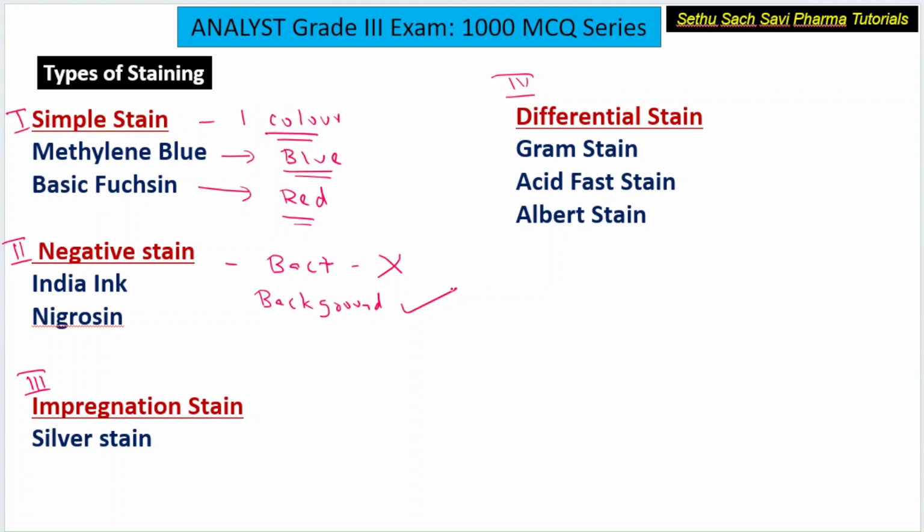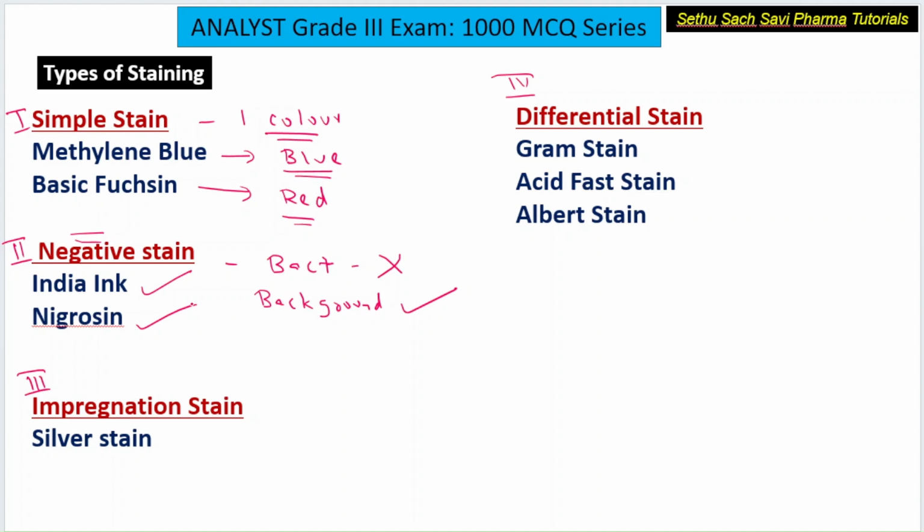However, the background would be stained, so we can see the bacteria against the background contrast. That is called the negative stain. Now, the examples of negative stains are India ink and nigrosin. They belong to negative stain, where the bacteria will not be stained. Actually, it will stain only the background.